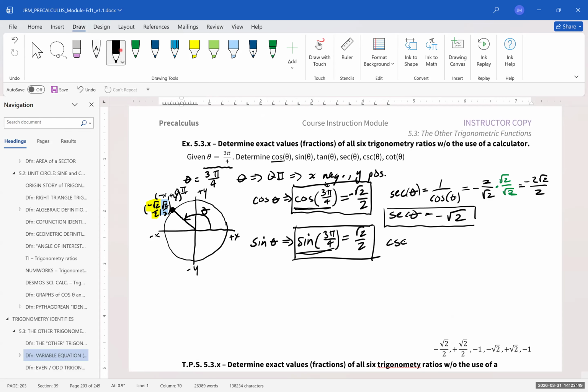The cosecant is the reciprocal of sine, so we just need to flip numerator and denominator. Can't have square root of 2 in the denominator. The twos will cancel, and cosecant theta is going to be equal to positive square root of 2.